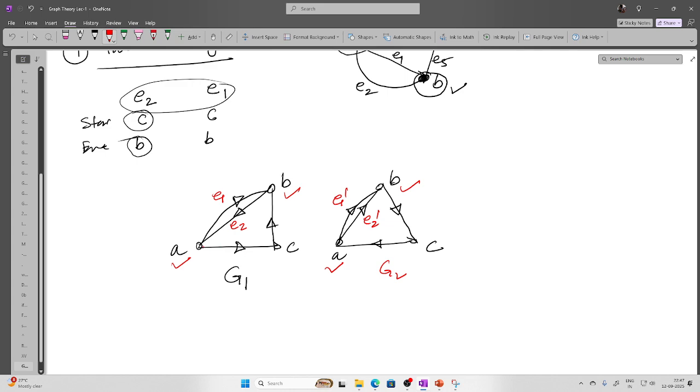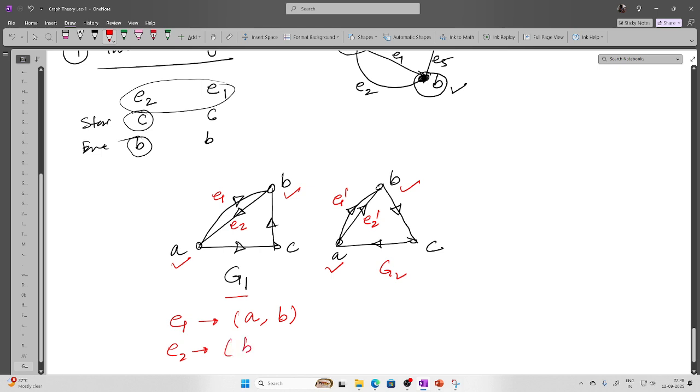As both the graphs are directed, if I consider G1, then in this graph, this E1 is starting at A and ending at B, whereas E2 is starting at B and ending at A. As this is a directed graph, for both the edges, the starting and the terminal vertex are different.